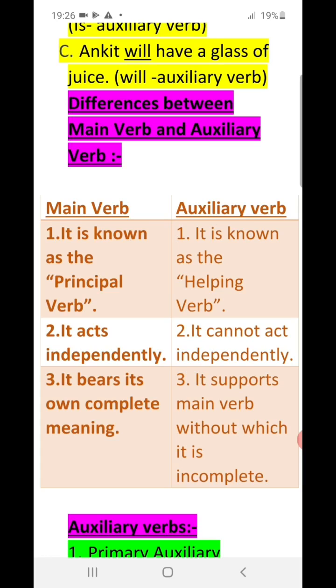Whereas main verb can give a specific direction to a sentence. So it can act independently, or it basically acts independently. Whereas in case of auxiliary verb, it cannot do so since it is dependent on the existence of the main verb.